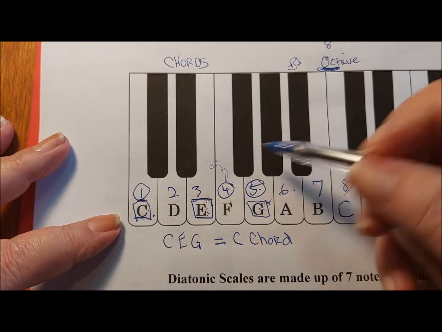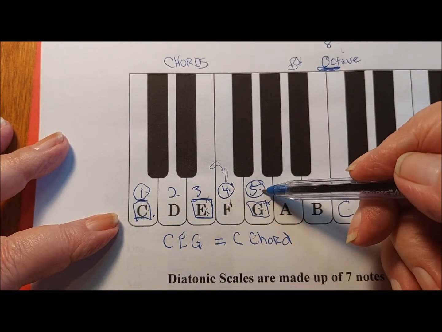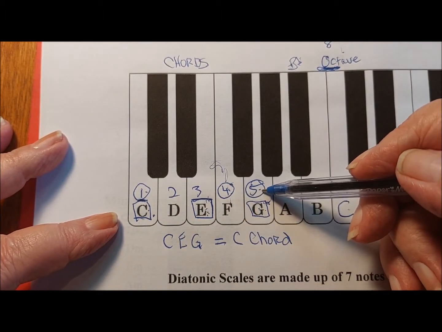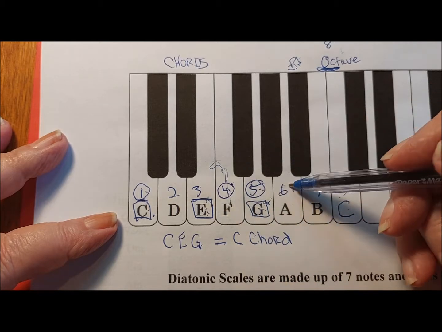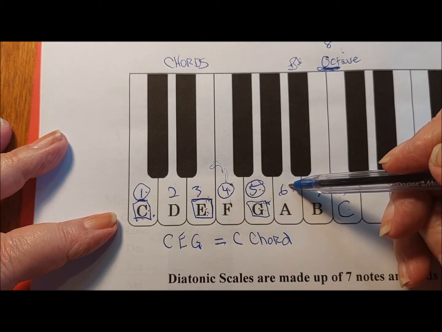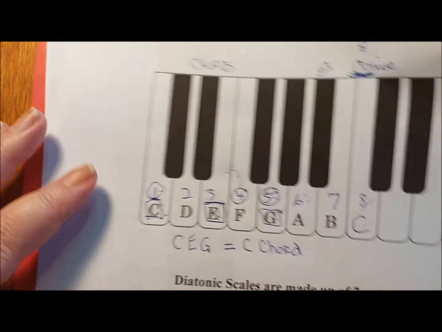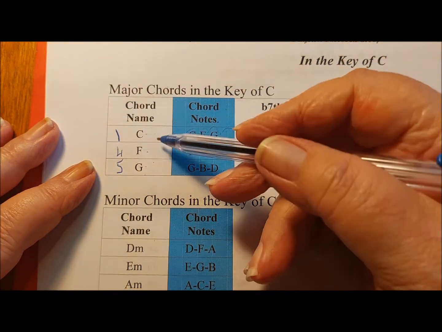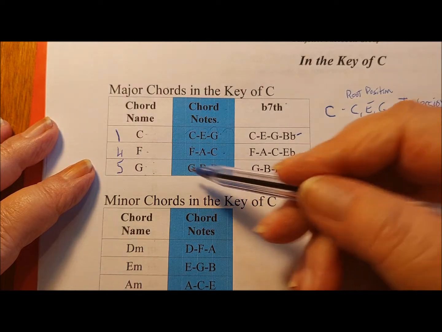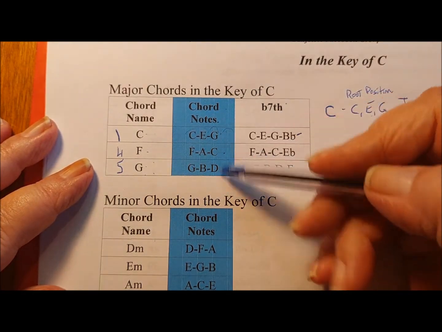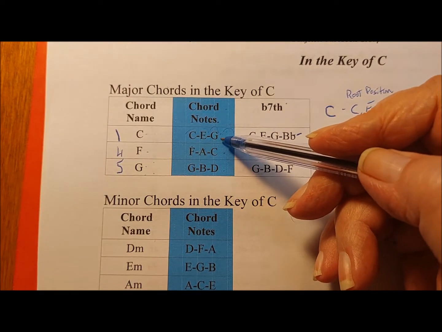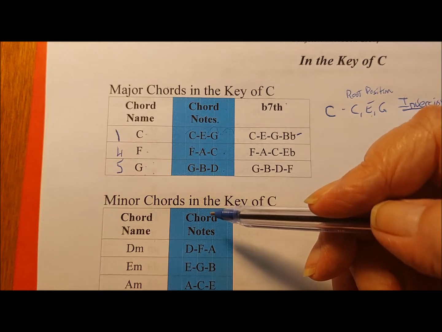Remember we said 1, 4, and 5 are your major chords, and anything else, 2, 3, and 6, will always be minor, always. So that's why we have C, F, and G as our major chords and how they're formed. Memorize the note names for them.